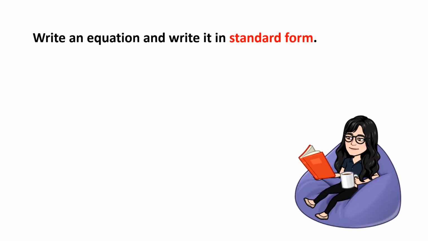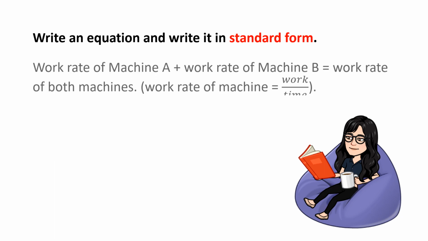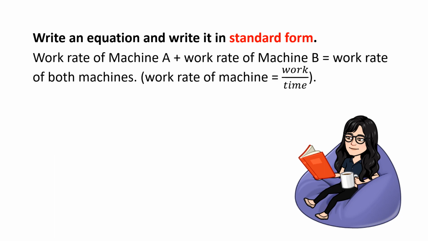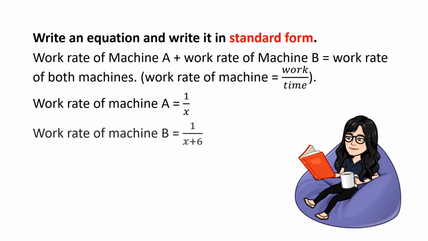Write the equation and write it in the standard form. Work rate of machine A plus work rate of machine B is equal to the work rate of both machines. Remember that work rate of a machine is equal to work over time. So as we represent this in mathematical symbols, the work rate of machine A is equal to 1 over x.